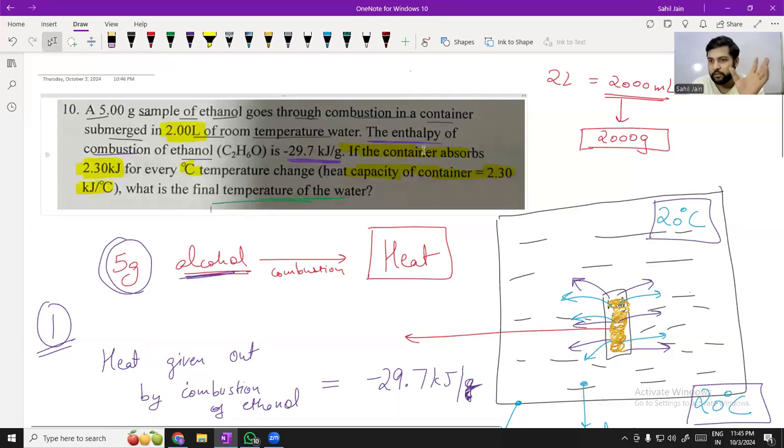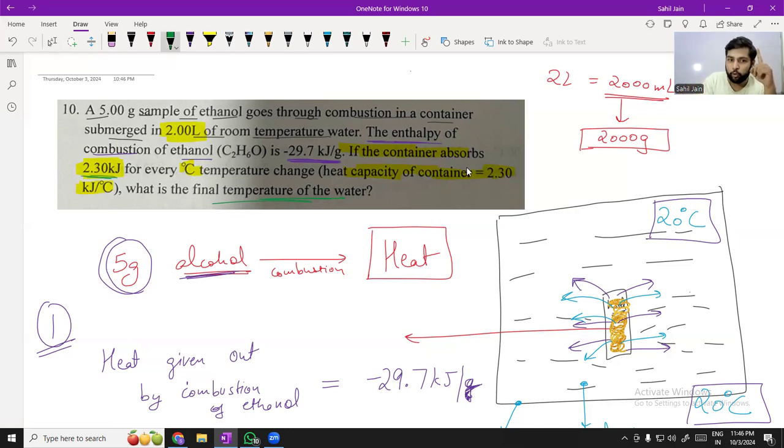The last line tells us that for the container to get every 1 degree Celsius rise in temperature, it would need to absorb 2.30 kilojoule. For 1 degree rise, it would absorb 2.30 kilojoule. For 2 degree rise, it would absorb 4.60 kilojoule. For 3 degree rise, it would absorb 6.90 kilojoules. Are you getting that?